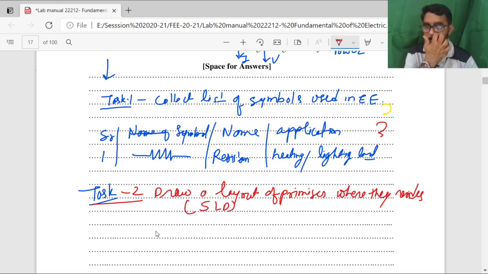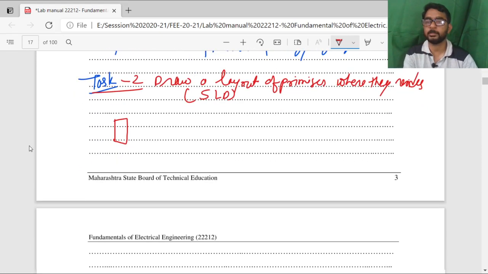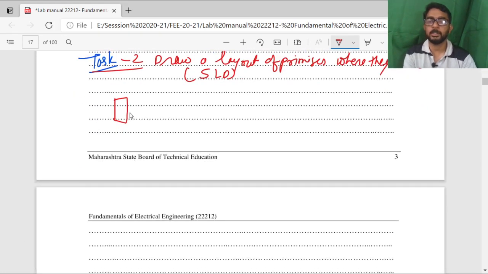How can they draw it? Very simple. Draw first the mains part, and through this part, let me draw it in the horizontal section. Then MCBs are there, these are the MCBs. Then after the MCBs, distributors are there, and through the distributors all the loads are distributed.